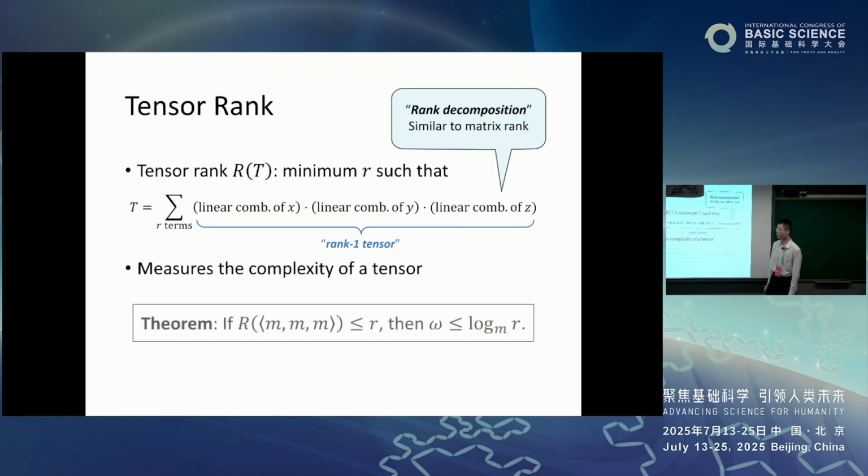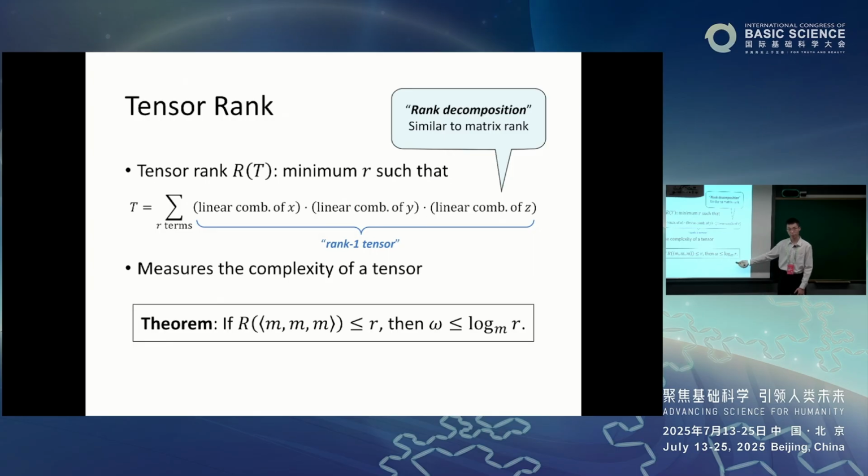And this notion of rank is closely related to our mission of proving upper bounds on omega, because we have this theorem. If we can show that the rank of a matrix multiplication tensor of size m by m is bounded by integer r, then that immediately leads to an upper bound on omega that equals the logarithm of r in base m.